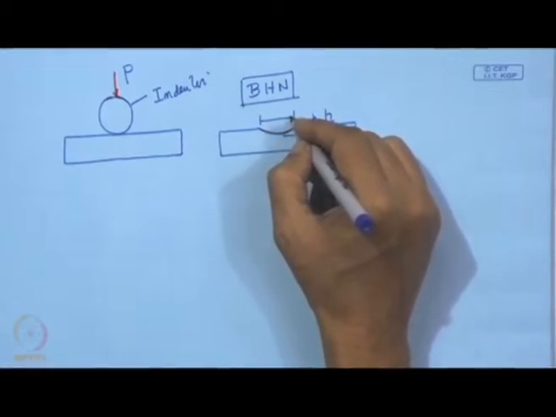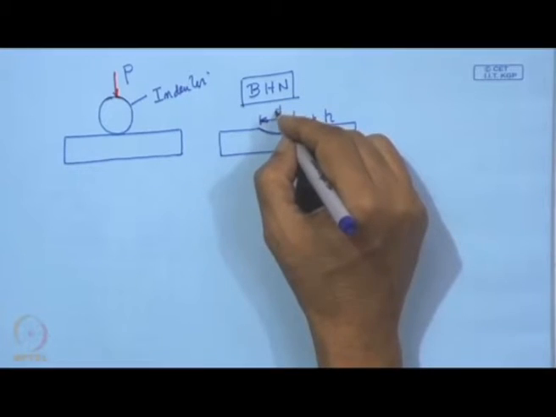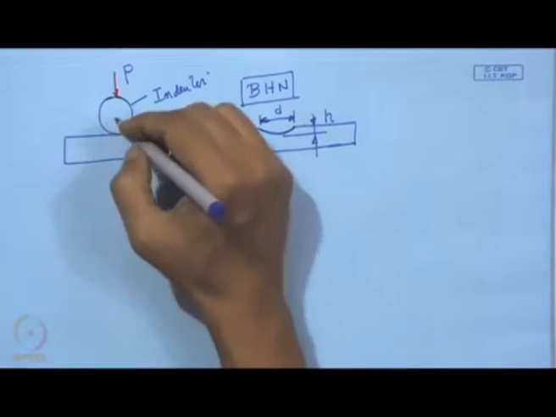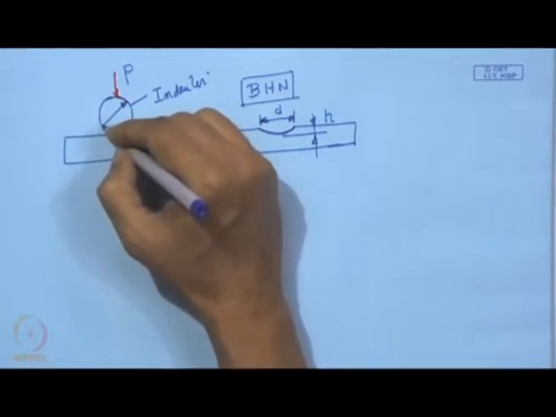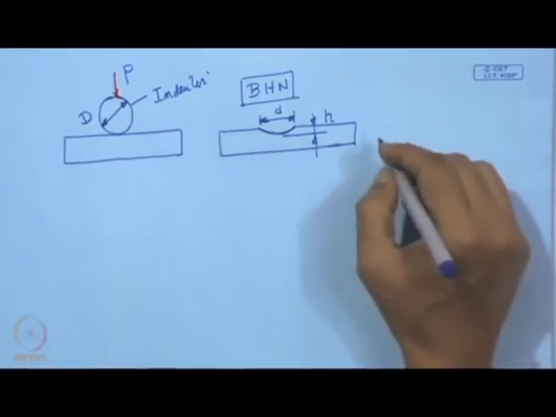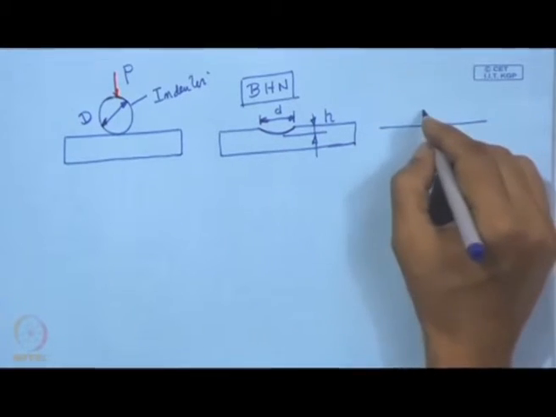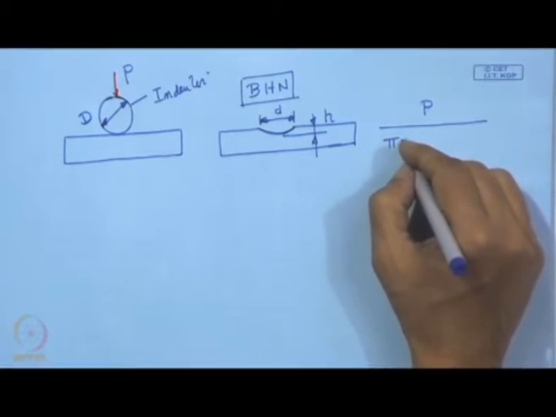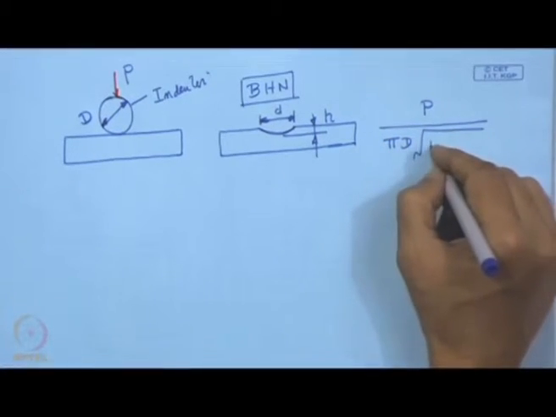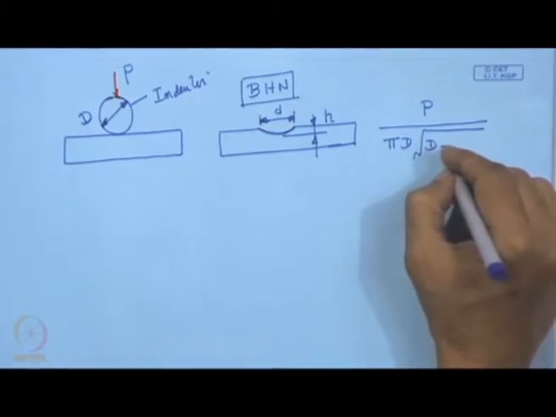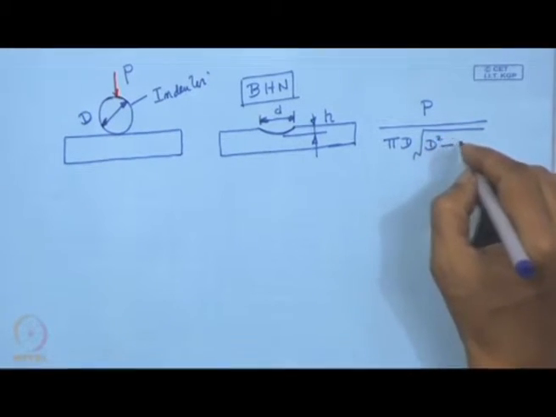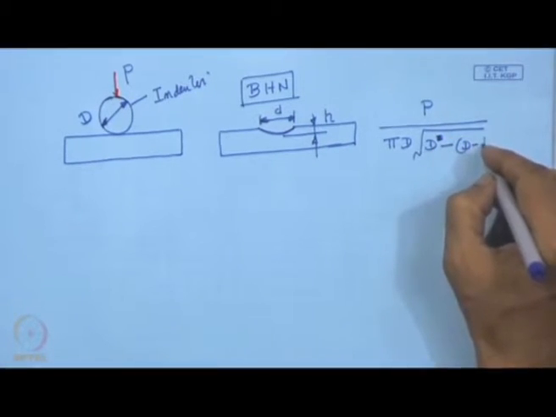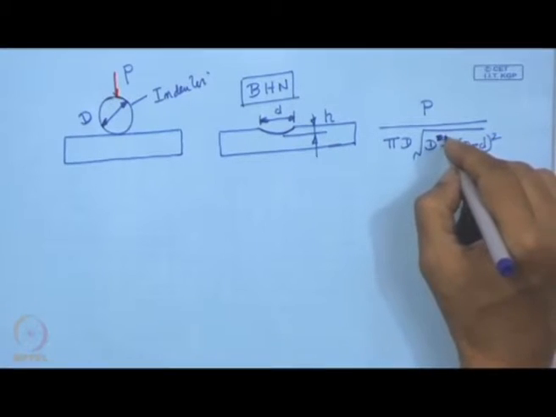So, if this is the diameter of the indentation, then this D and H have a certain relation with a given diameter of the ball. So, this can be reasonably written as pi into D root over D minus... sorry.